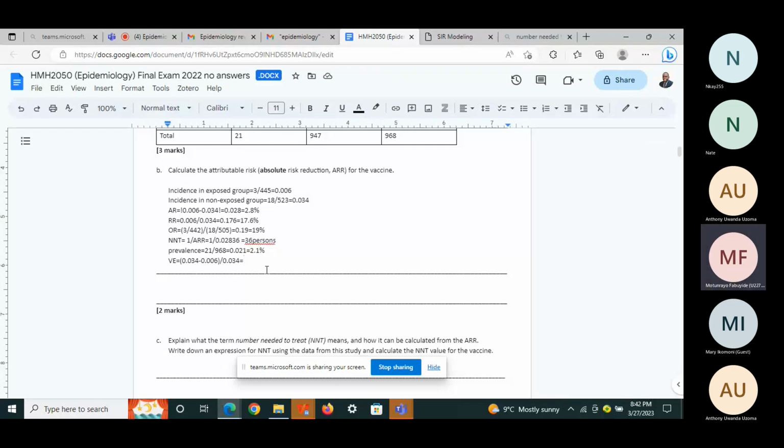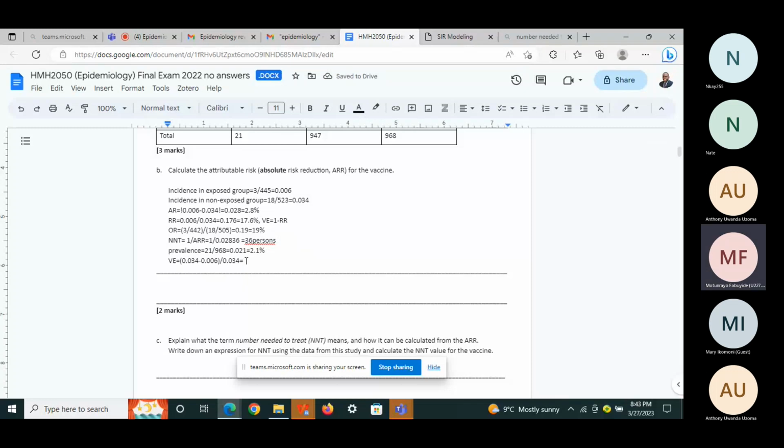Yes, once you get that, if you're sure you got it correctly, you can just do one minus that and move on. Let me add that here too, for the video's sake. So our vaccine efficacy is also 1 minus our relative risk.